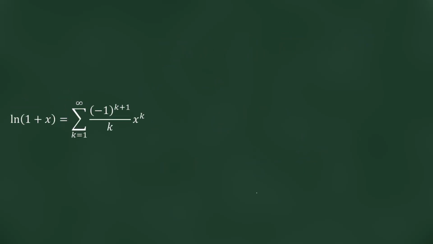All right, let's examine a logarithmic function. So we're going to take a look at f of x equals the natural log of 1 plus x, which tells us that f of 0 is the natural log of 1, which is 0. If we take our first derivative, we get 1 over 1 plus x, so that the first derivative at 0 is 1. If we take our second derivative, we're going to get -1 over 1 plus x squared.